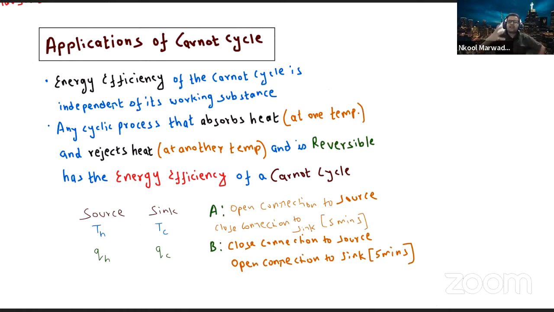To derive maximum work, we have to design a process wherein we are absorbing the heat and rejecting the heat in a cyclic manner. And here we designed one random process, wherein if we follow this A and B after 5 minutes in a reversible manner, we will achieve a very good efficiency. So this is the idea.